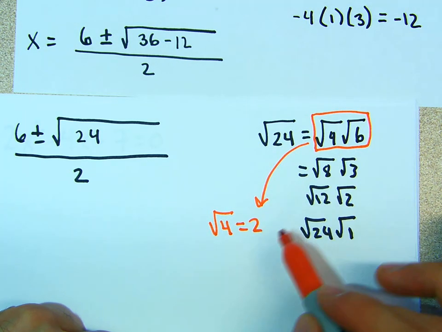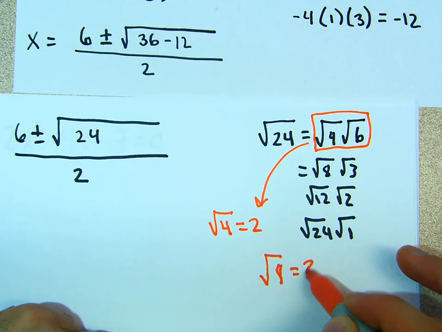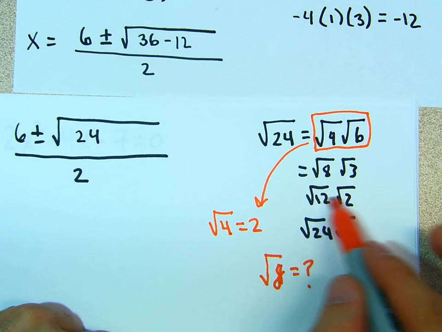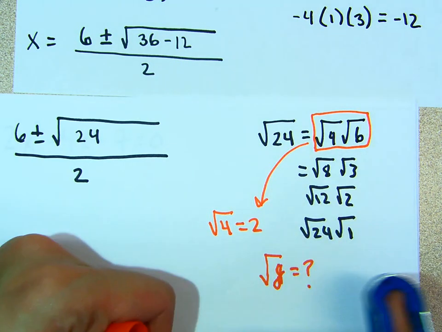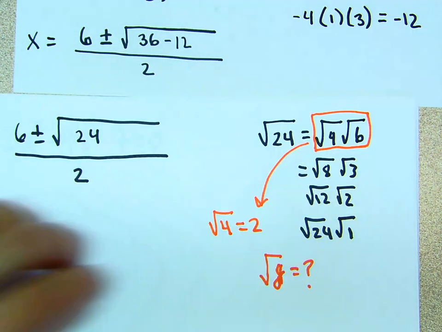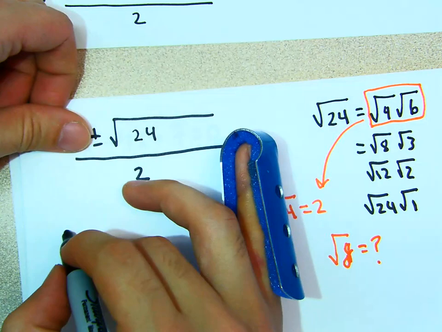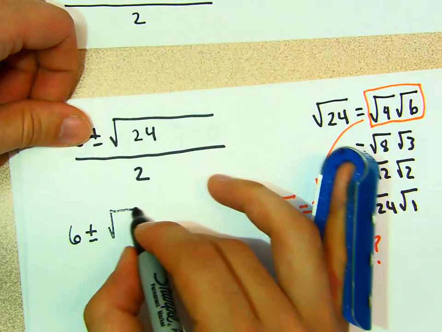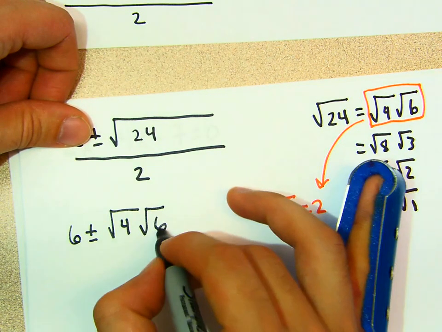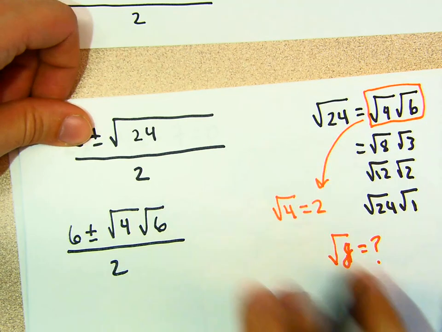The others, like the square root of 8, I don't know what it is. But this, I do know. So this is going to be 6 plus or minus the square root of 4 times the square root of 6, all divided by 2.